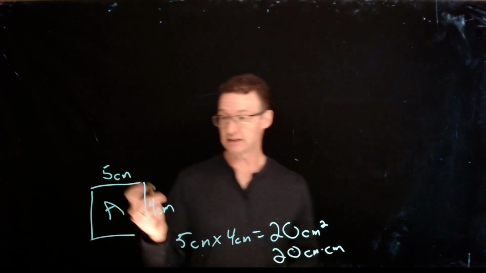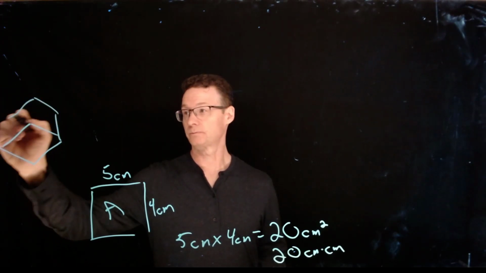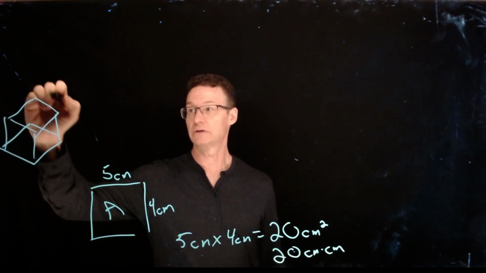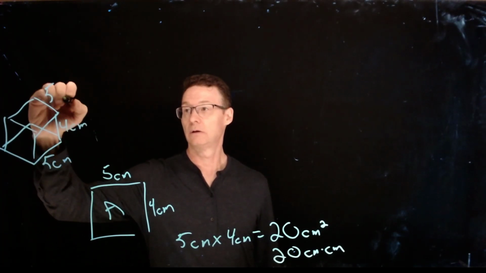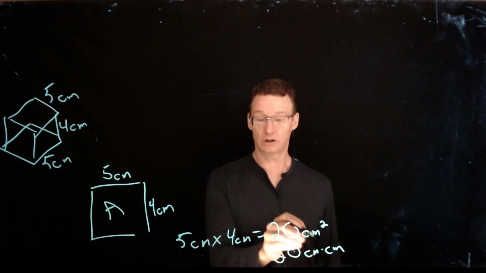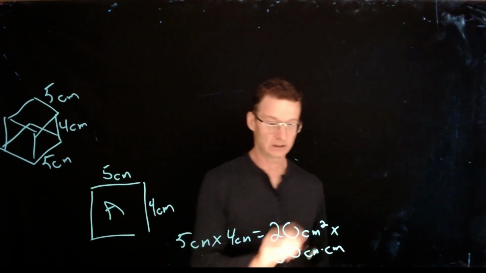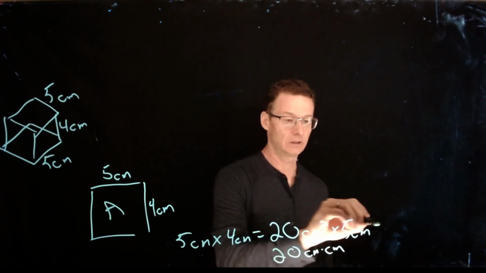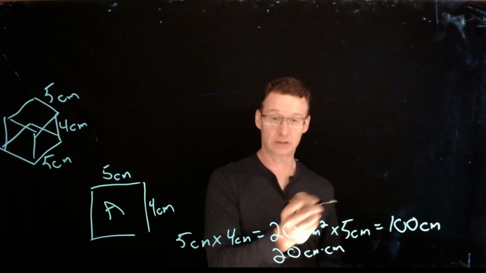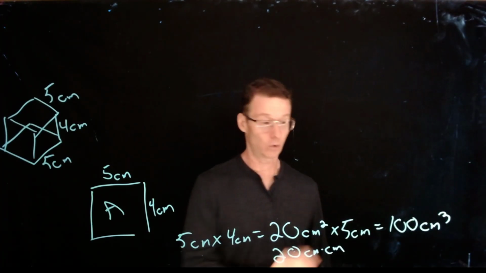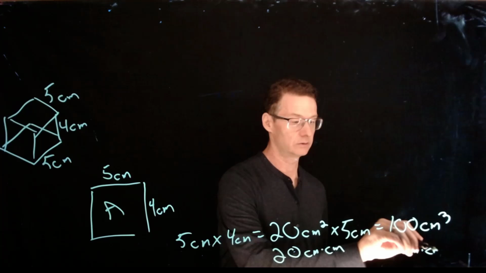Now, for example, if we wanted to take this and have that be a cube that was 5 by 4 by 5 centimeters, well, we'd take our answer here, which was 20 centimeters squared, and then multiply that by the depth, which I have as 5 centimeters, and we get 100 centimeters squared times centimeters, which is centimeters cubed, or again 100 centimeters cubed.